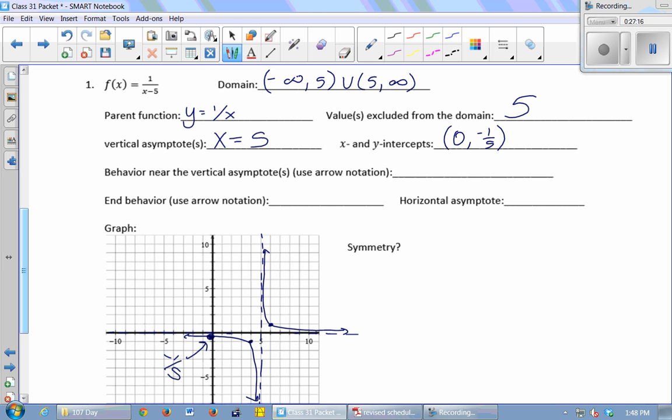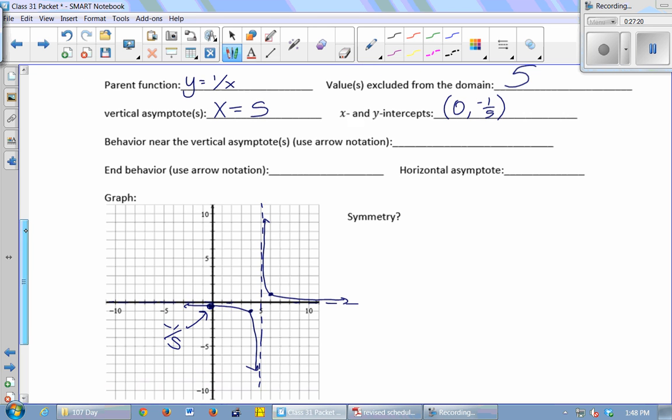Okay, so my behavior near the vertical asymptote. I want to know what happens as I approach 5 from the right and from the left. So I'm going to say as x approaches 5 from the right, f of x approaches. So here's 5. Go a little bit to the right of it.